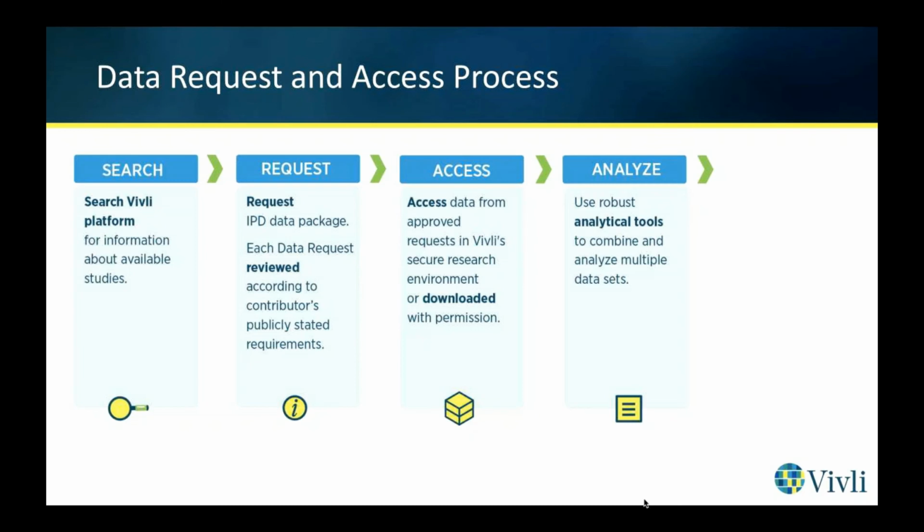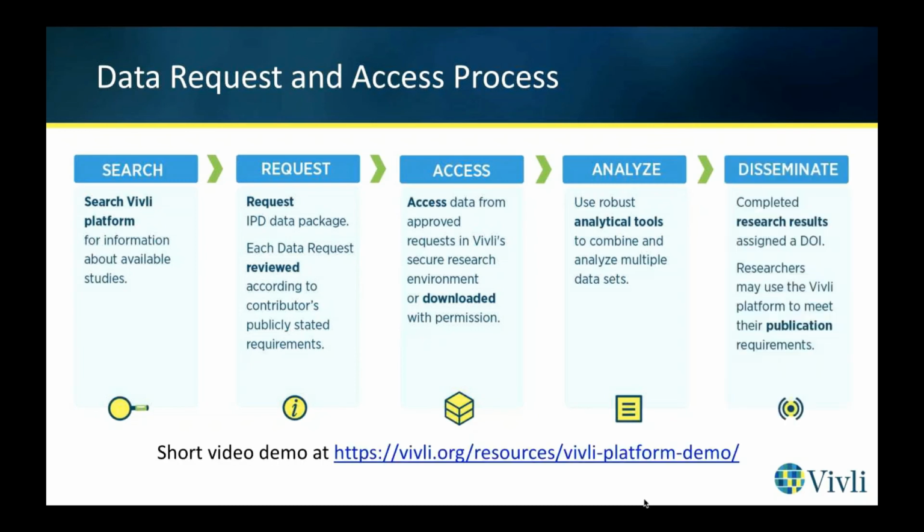And your completed research results are also assigned a DOI so that when you submit your manuscript on this secondary analysis work, you can cite back to the data set that you used. This is providing the accountability and traceability for secondary analysis work that we expect of the people who conduct primary studies.